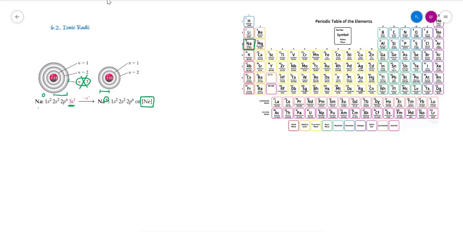The general rule here is that if you remove an electron from a higher shell, it's going to contract. So the ion is actually going to be smaller than the atom was, specifically for cations, the positive ions. When we've removed electrons, we get much smaller.